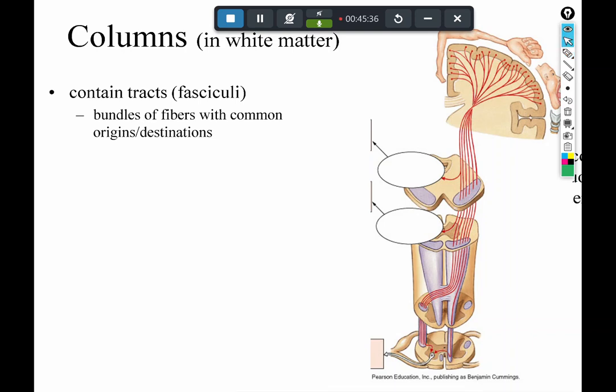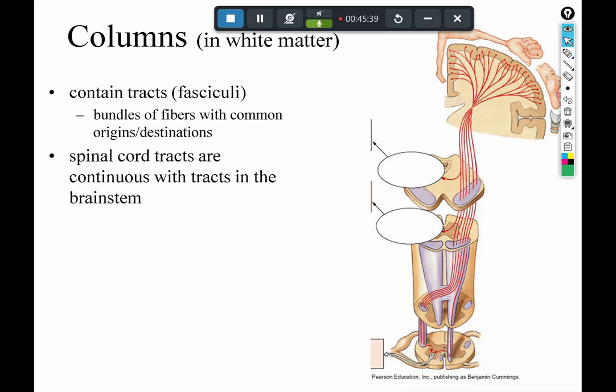So, as it happens, the tracts of the spinal cord, both ascending and descending, it's not as though they stop abruptly and then the brain has separate ones. They're all continuous because the continuity of information flowing into the central nervous system and up to the brain, or flowing down from the brain through the spinal cord and out to motor effectors, has to be continuous. And depending on whether you're doing a motor thing or a sensory thing, most of the time that's going to include between 2 at the minimum and 3 at the maximum total neurons.